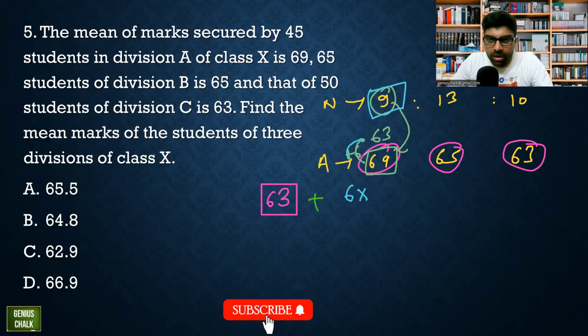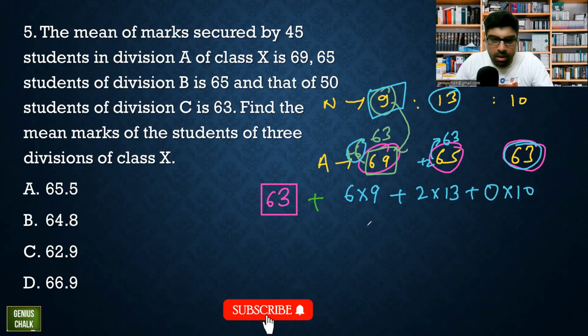Everybody is having 6 extra, so 6 multiplied by 9. Then 65. If this guy also had 63, he is having 2 extra, and there are 13 people, so everybody is having 2 extra. 63 we have taken as the average, so this is 0 difference for 10 people.